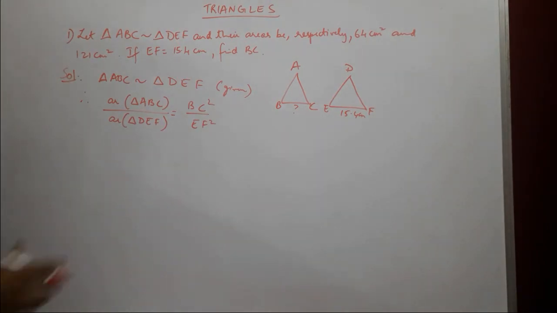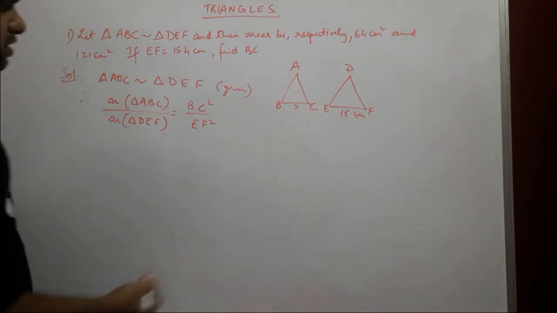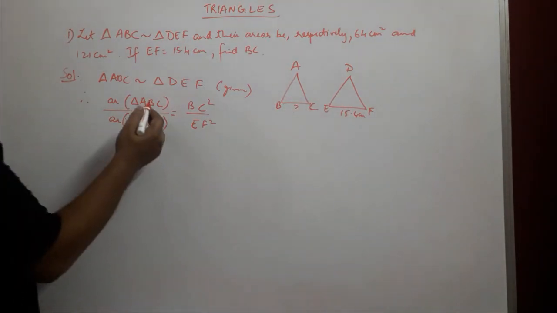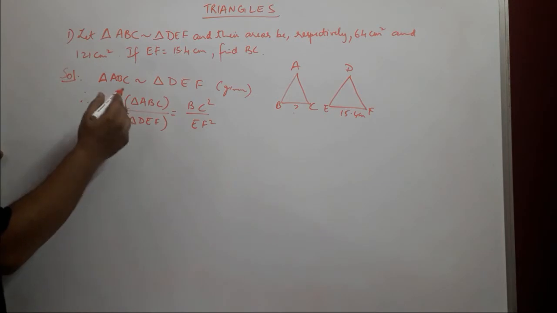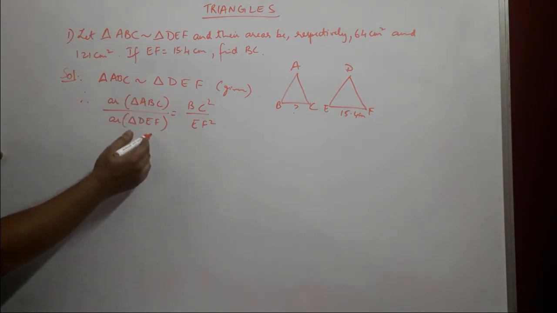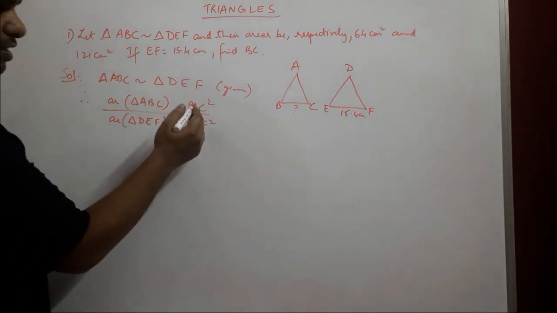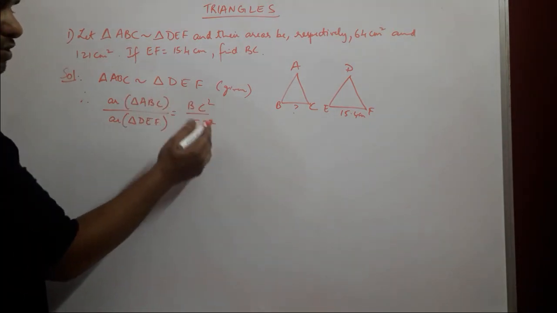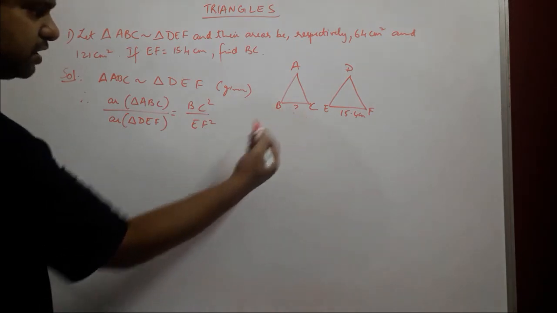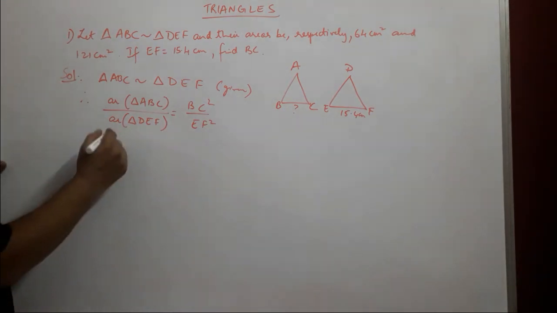This is from our theorem, which says that if there are two similar triangles, then the ratio of the areas of the two triangles will be equal to the ratio of the squares of the corresponding sides. So let's continue.